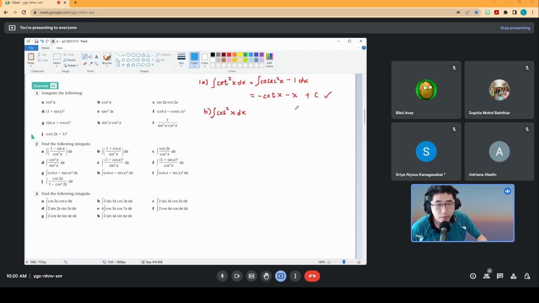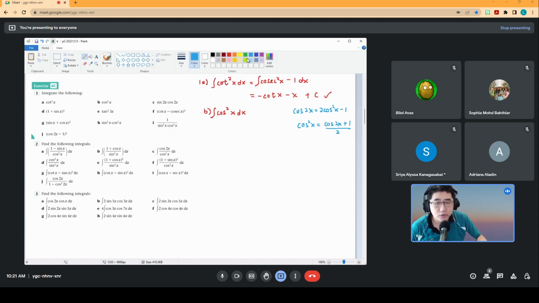The double angle formula tells us that cos 2x equals 2 cos square x minus 1. If I rearrange the form, I will have cos square x equals cos 2x plus 1 over 2.